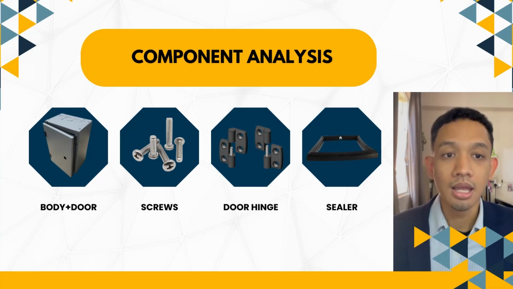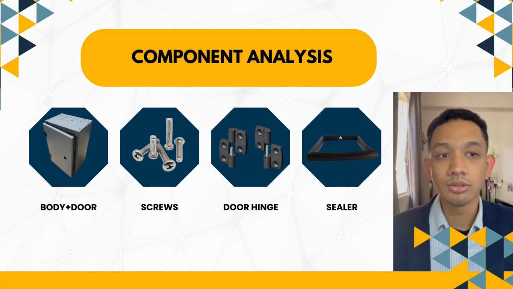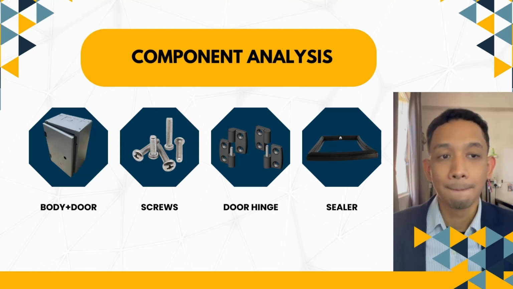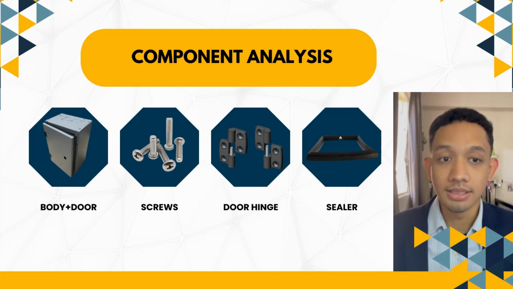Next is the door hinge. The door hinge is the one that is made out of plastic, where the door hinge is also a component from the MCB box. However, while the components before this, which are the body, the doors, and even the screws, are made out of stainless steel, the door hinge is made out of plastic. And there are a few good reasons why the door hinge is made out of plastic, just like I mentioned in the previous slide.